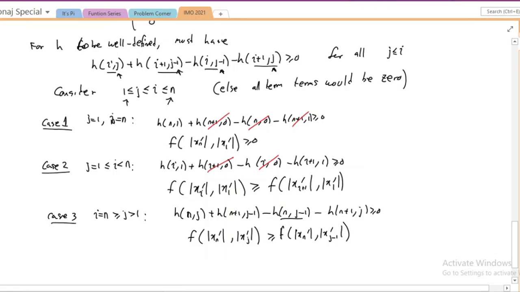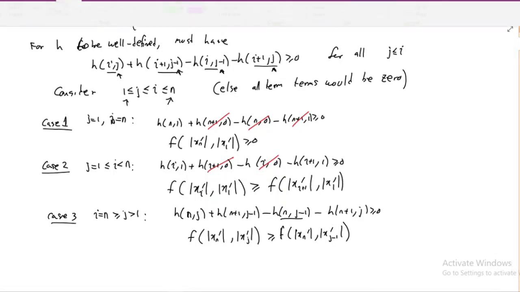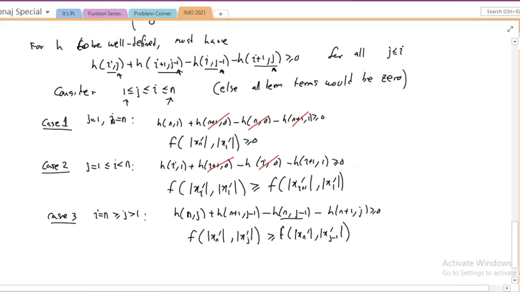Okay, so this is what we get. Alright, so let me strike out what should be struck out. So we have this one and this one gone. Okay, so the final one.